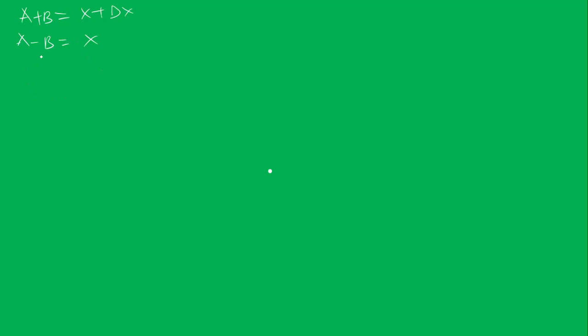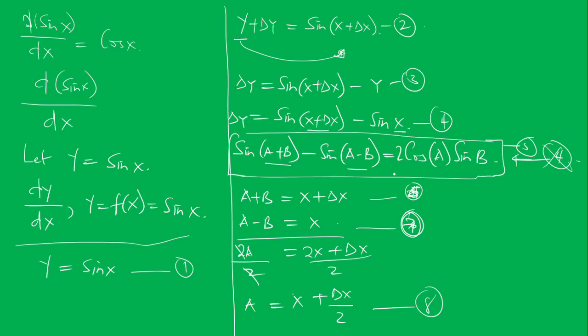Now if we want to get our b, we subtract equation 7 from equation 6. If you put minus here, a minus a will give you 0. Then b, minus times minus is plus, so b. Let me just do it.